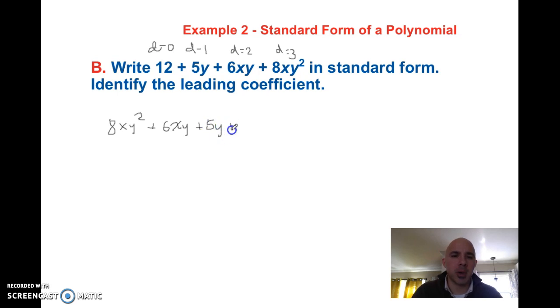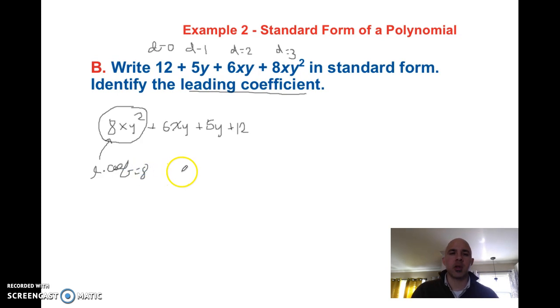And the last one is the positive 12. Now this is in order from highest degree to lowest. The leading coefficient is the one with the highest degree, the first number there. So this is our leading coefficient. It's 8. If you have any questions, let me know.